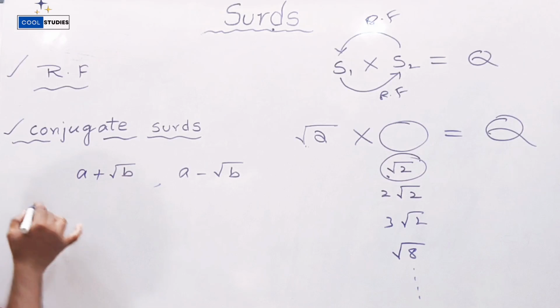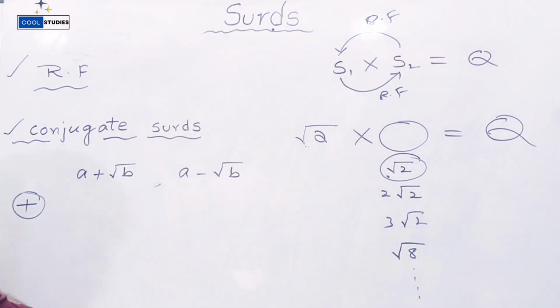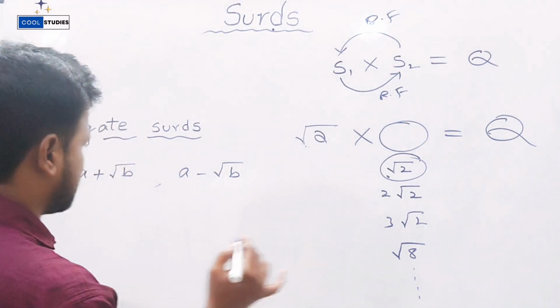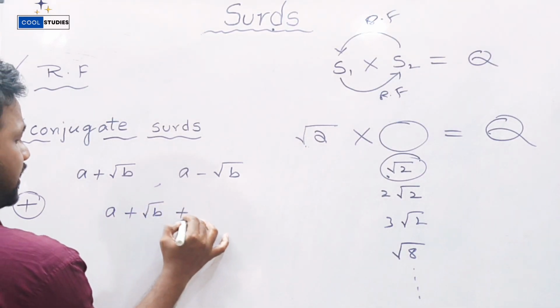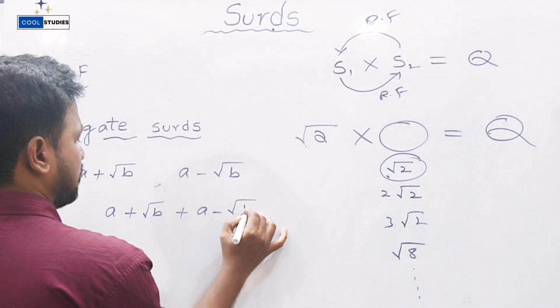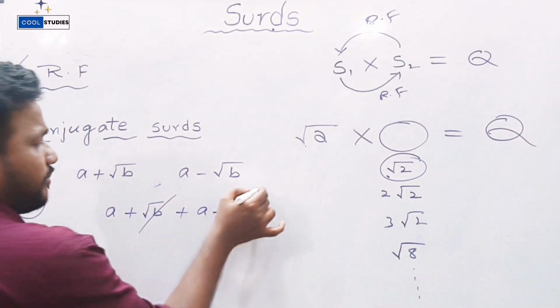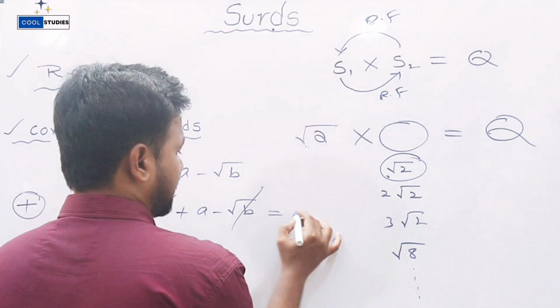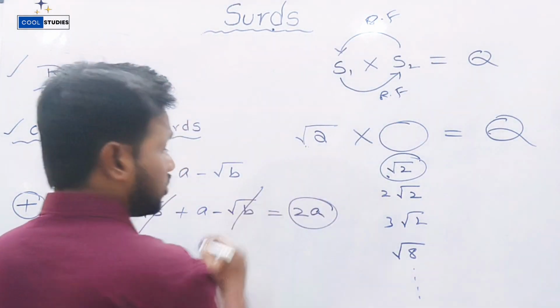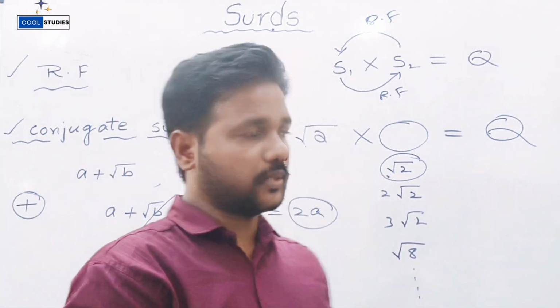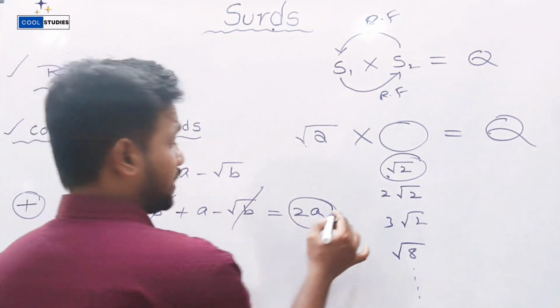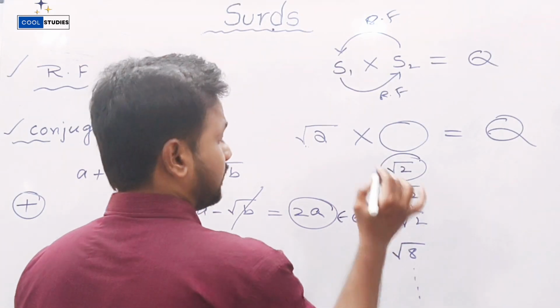Now let's do the first operation, addition. Adding a plus root b plus a minus root b, the root b terms cancel. What answer do we get? 2a. 2a is a rational number.